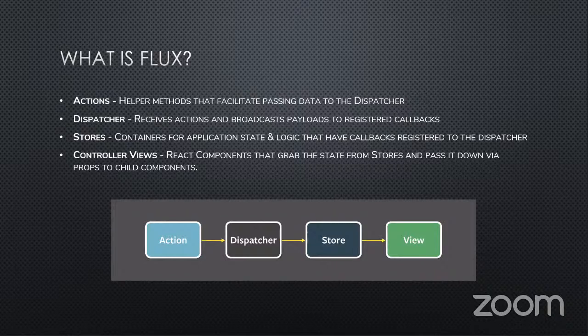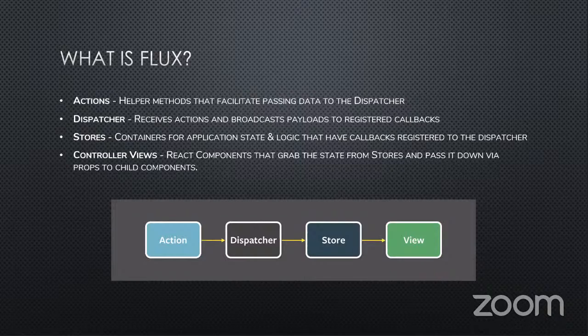And then the store, what is a store? A store is a container for application state and logic that has callbacks registered to the dispatcher. So when the dispatcher dispatches the action, it broadcasts the payload and sends the data to the store, and the store contains that data and stores it in itself.